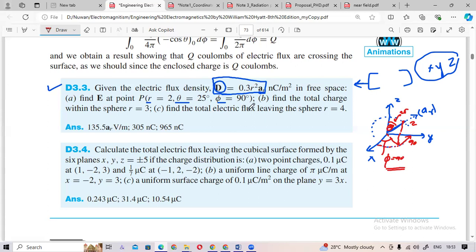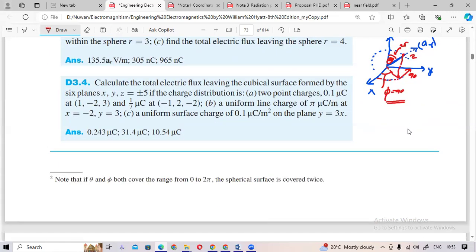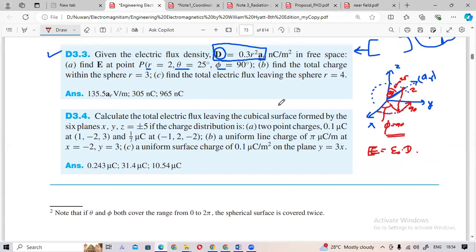Now we have to find the E field. How do we find it? We know that E is equal to D over epsilon.